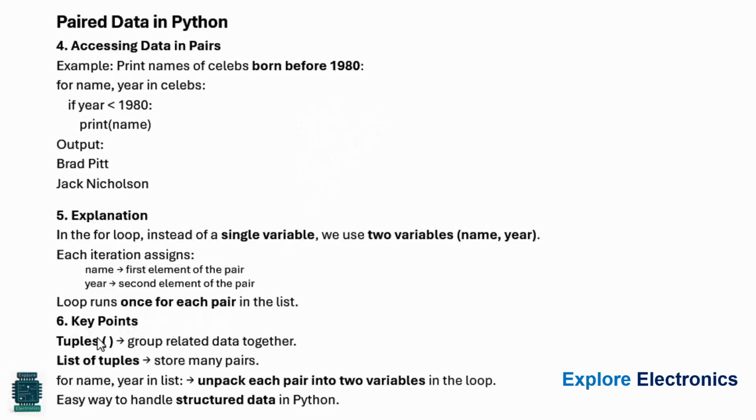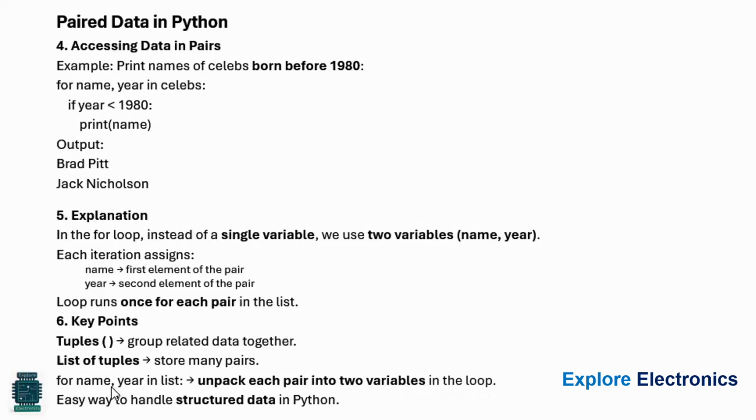Got it? Here the tuple means grouping related data together. And a list of tuples means we can store many pairs like that. And for name and year in the list, we unpack each pair into two variables in the loop.